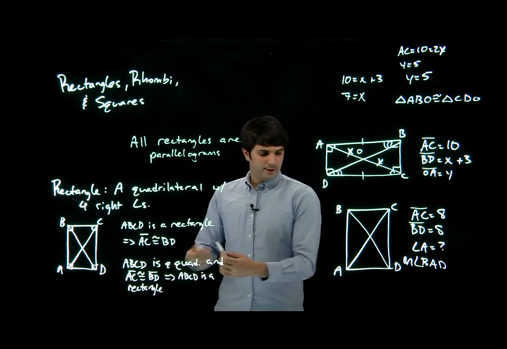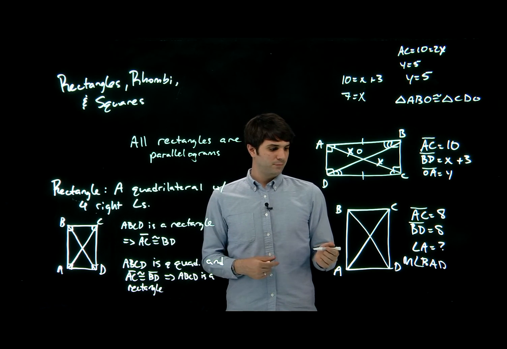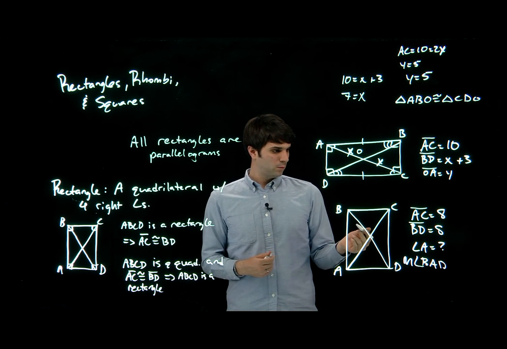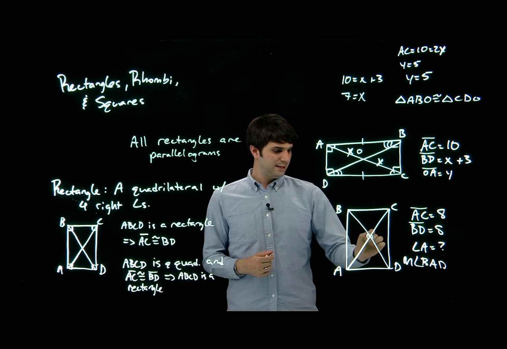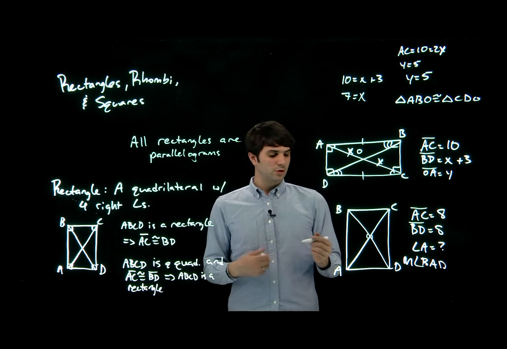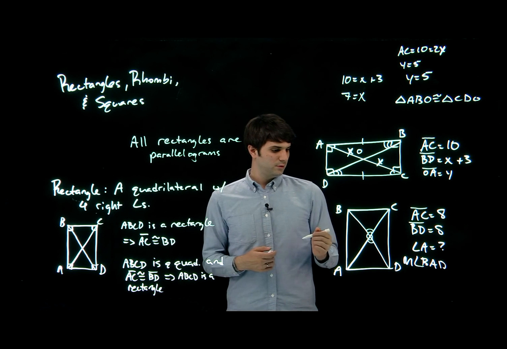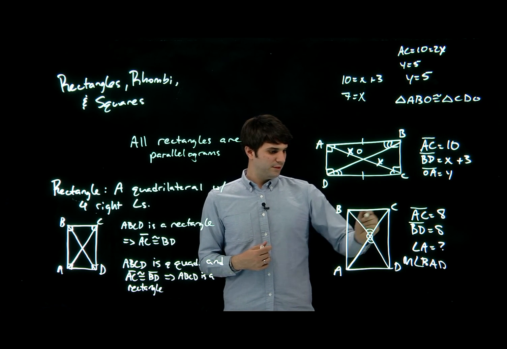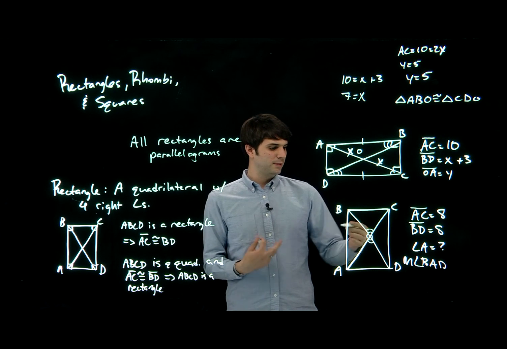Well, we know that if we have a quadrilateral and the diagonals are congruent, then these angles are congruent because they're vertical angles. These angles are also congruent because of vertical angles. And these lines are congruent because it's given.